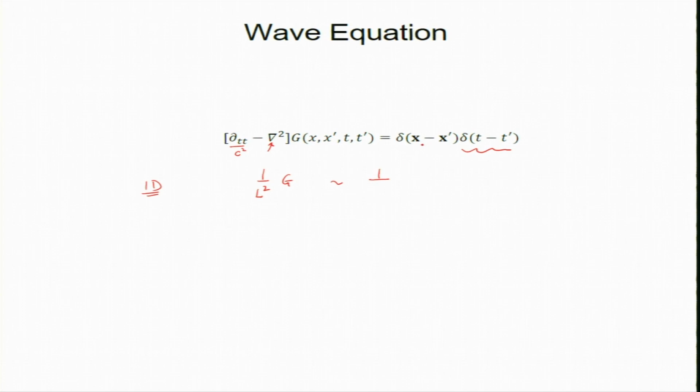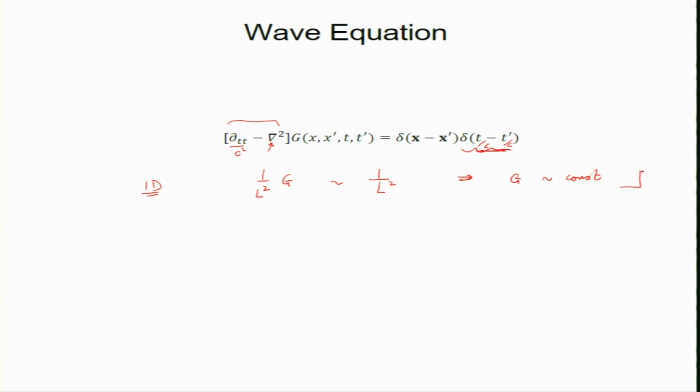The delta will be 1 by L, and the time delta t by c, we have to convert to a space dimension, because here I want the same dimension. Textbooks do this more carefully. So, that means G is constant.